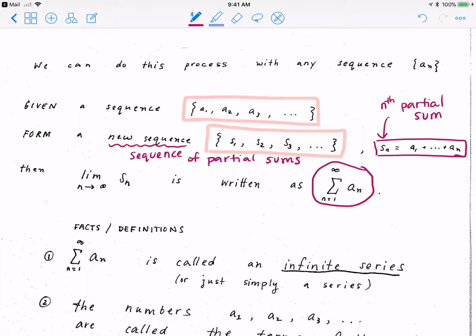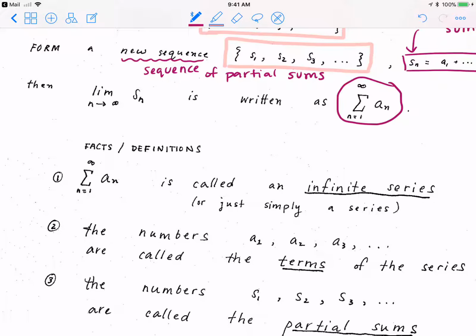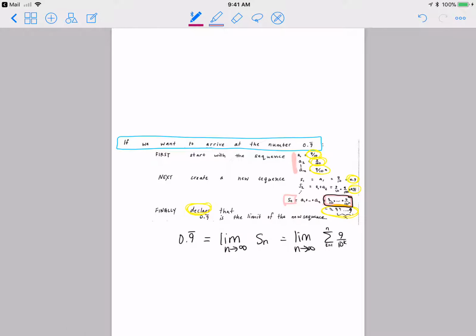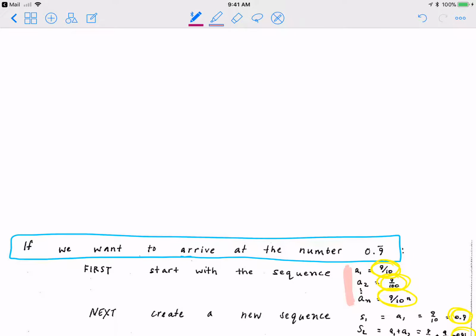So the limit as n goes to infinity of Sn, you write it as just the sum of a n, n equals 1 to infinity.